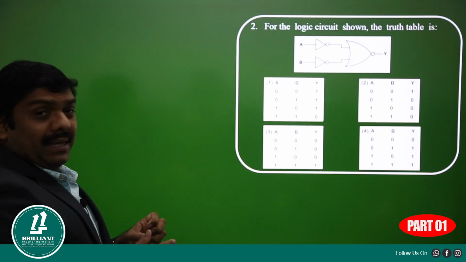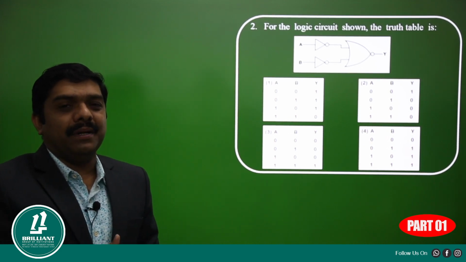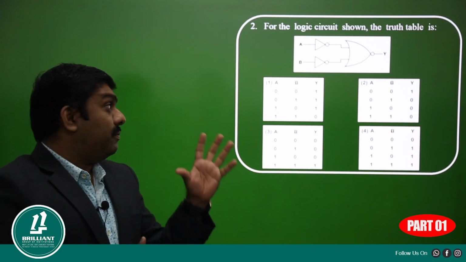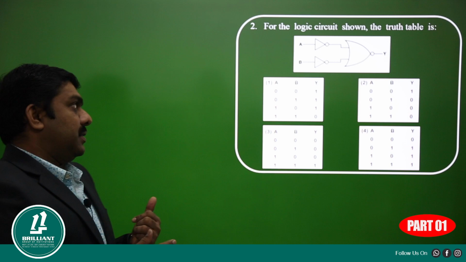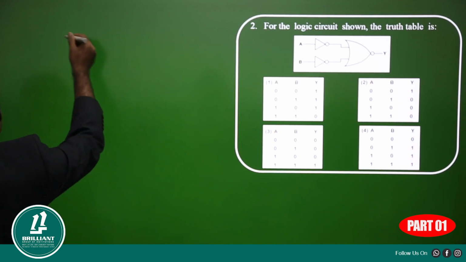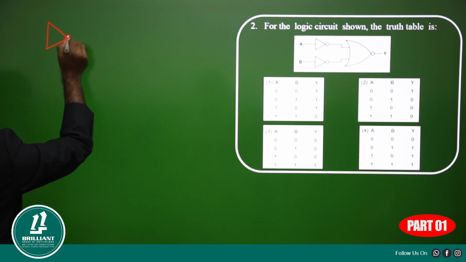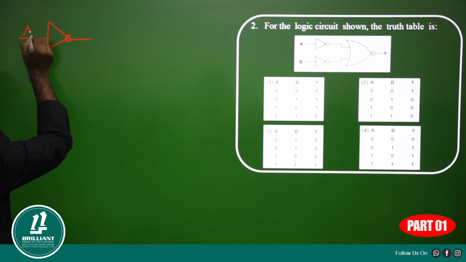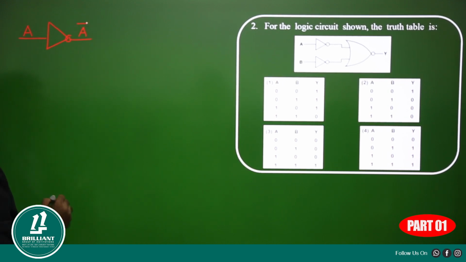Logic gates means a circuit in which there is a logical relation between input and output. The symbols of these gates are important to understand their operations. See, this is a NOT gate. NOT gate means if the input is A, the output will be A complement.